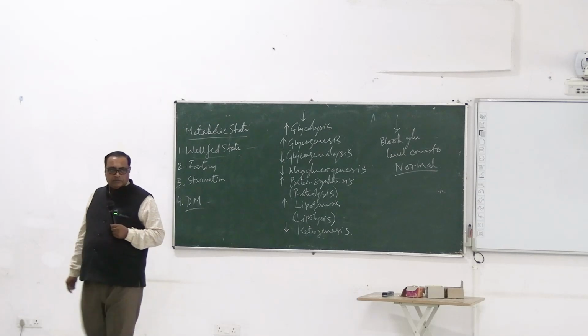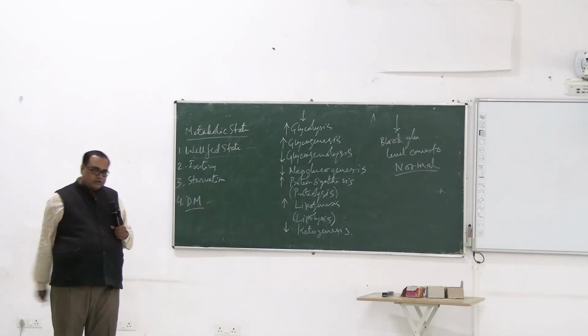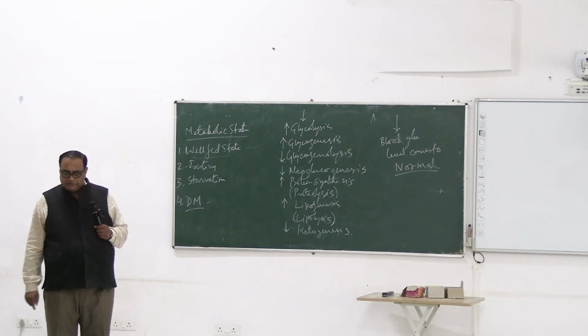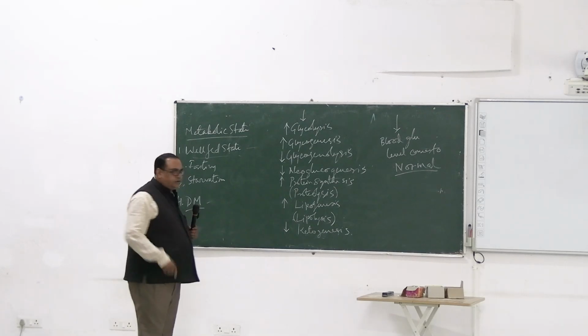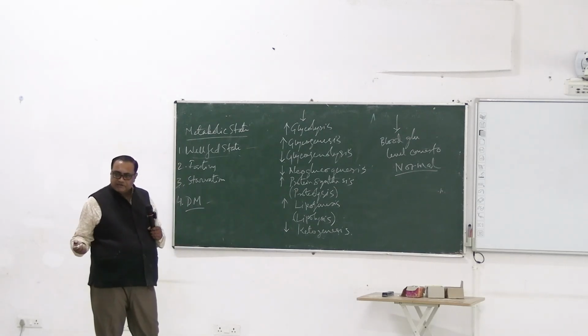All these things occur within 4 to 5 hours from a meal. Okay? After that, if you do not take food, then you are no longer in well-fed state. And if you are taking food, then you are in well-fed state.